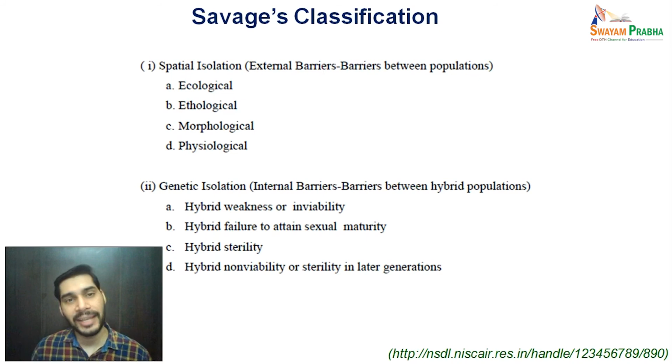The second category is genetic isolation, which comprises mainly internal barriers. That means the barriers between hybrid populations, which are basically applied on the hybrid, that is hybrid weakness or inviability, hybrid failure to attain sexual maturity, hybrid sterility, and hybrid non-viability or sterility in later generations.